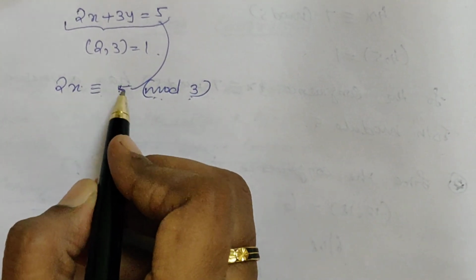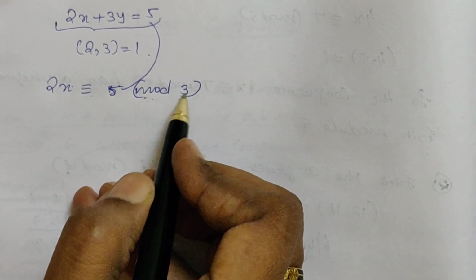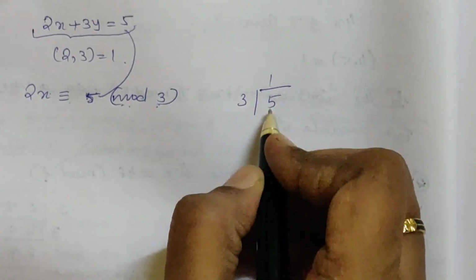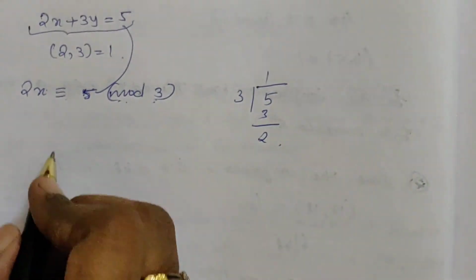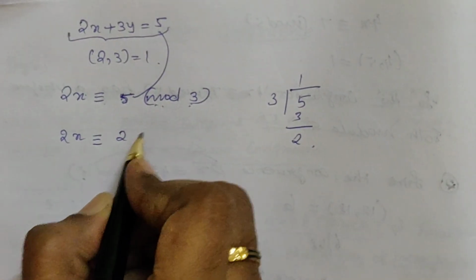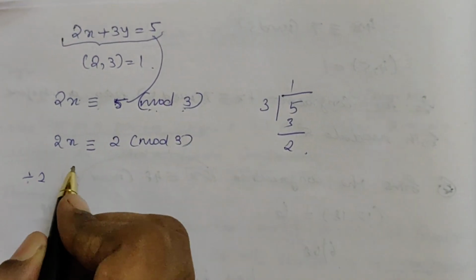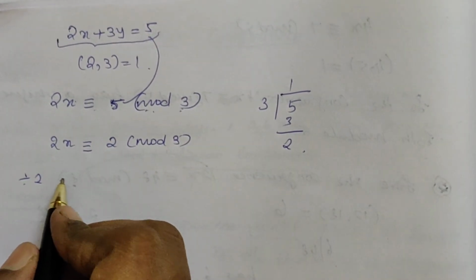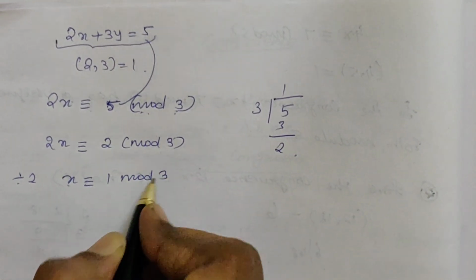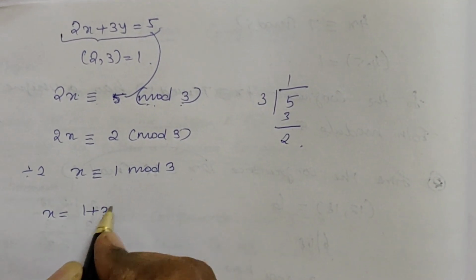Here this 5 is greater than the modulus, so you have to divide 5 by 3, then you will get 2 as the remainder. So this equation can be written as 2x ≡ 2 mod 3. Now divide by 2 on both sides, you will get x ≡ 1 mod 3. So x can be written as 1 + 3t.